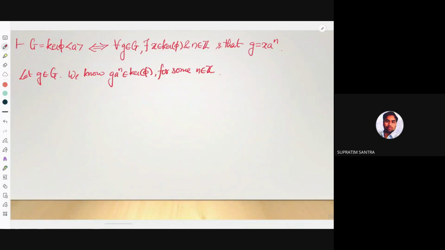So g a power n is equal to x for some x in the kernel. This implies g can be written as x times a power minus n. So we showed what we wanted. This implies G can be written as kernel of phi times the subgroup generated by a.